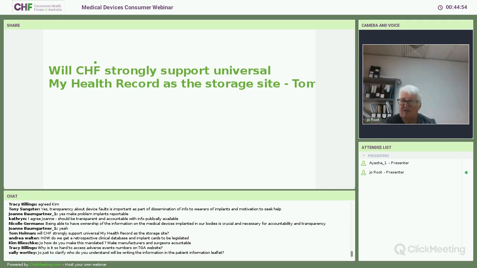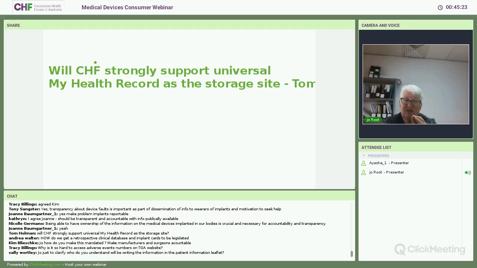I know that Tom has asked a question now about My Health Record. Will CHF strongly support Universal My Health Record as a storage site? We are strong supporters of the My Health Record, and are one of the groups that pushed for the opt-out approach because we feel it's important that people have an electronic health record. We can see the benefits.